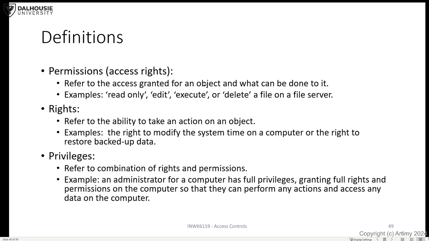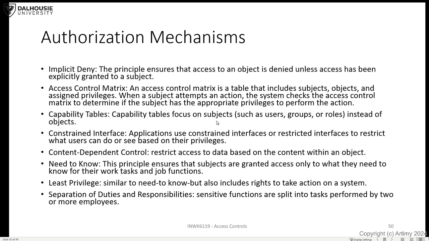Because they are kind of overlapping. Capability tables focus on subjects such as users, groups, or roles instead of objects. What I mean by that is the system will say, well, this user can do this. Instead of specifying the actual objects, we'll just say this user can write in any file. This user or this subject can read any file. So it focuses more on the subjects rather than specifying the objects.